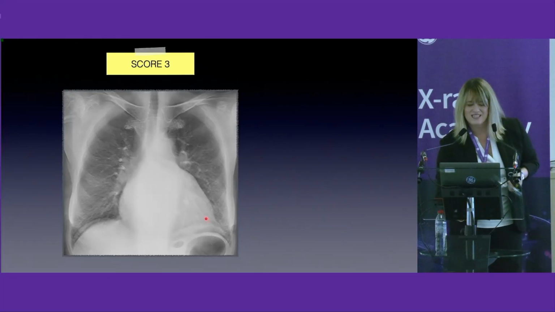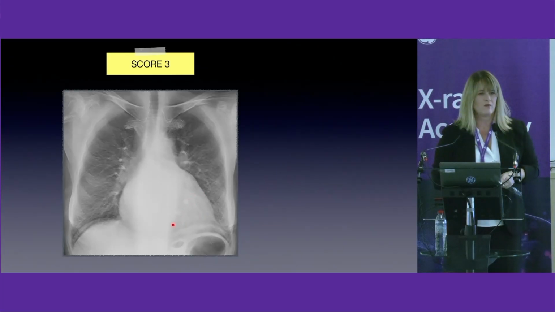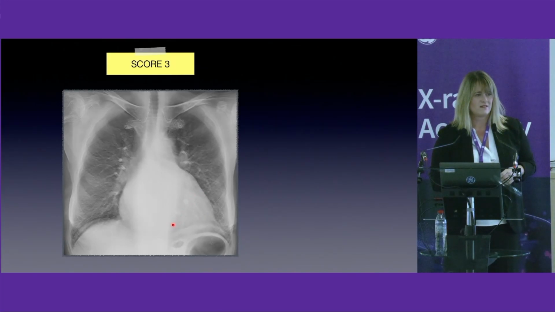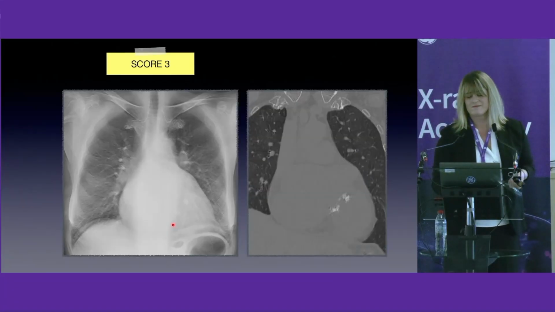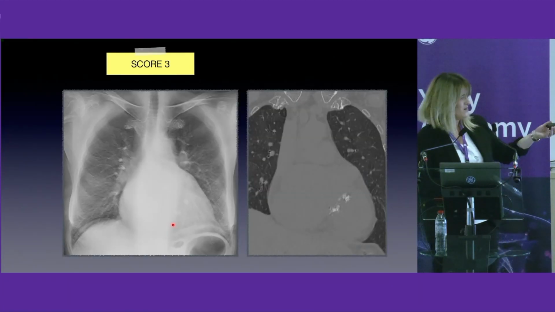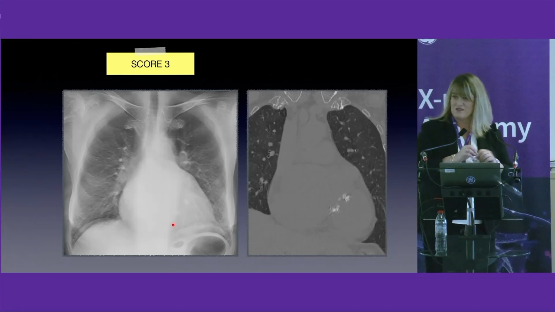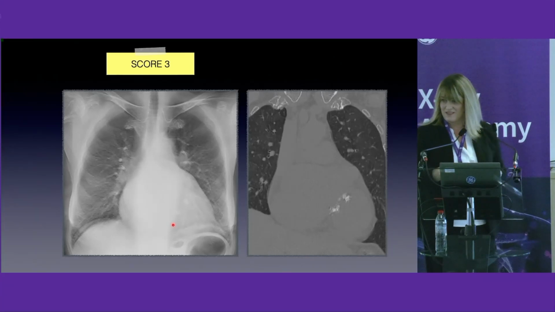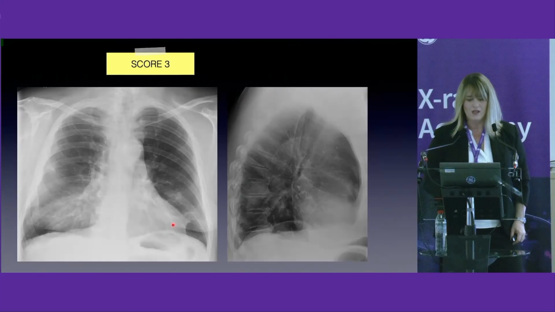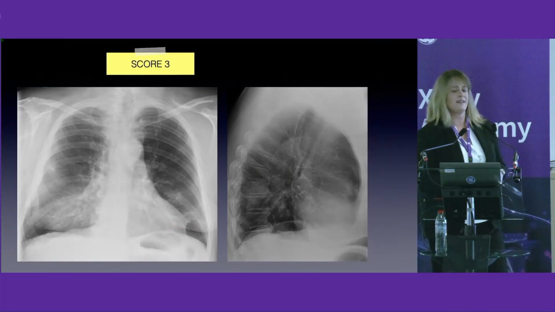And I still see this opacity, but I wasn't able to discriminate, to say what this opacity was. So we perform a CT scan, and this opacity belongs to calcium in the cardiac valves. Interesting case.